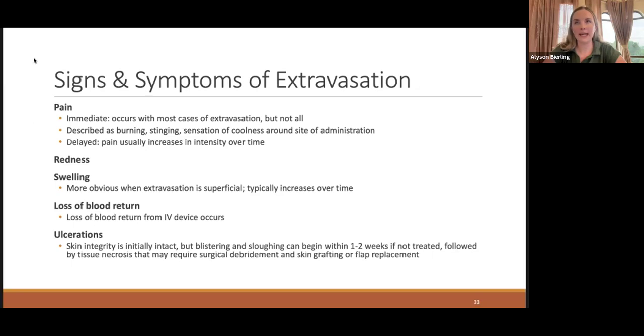Say you're administering doxorubicin and you note that extravasation has happened. The skin initially is going to be intact, but over the next 1 or 2 weeks, if it's not treated, blistering and even sloughing can happen at that site. This is typically followed by tissue necrosis, which we saw on the last slide.